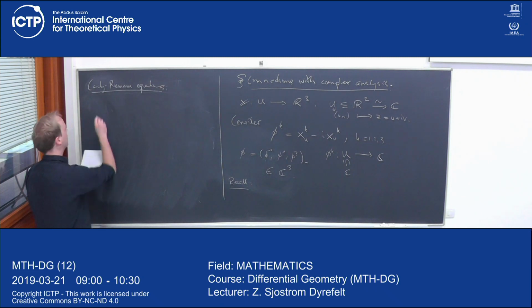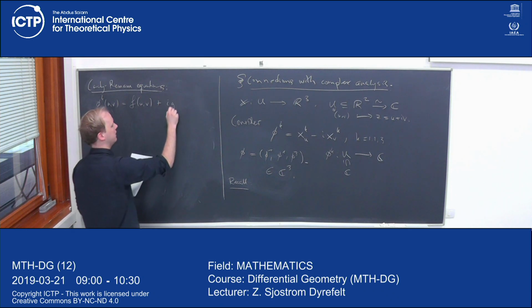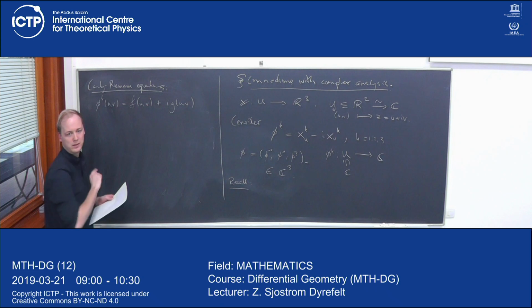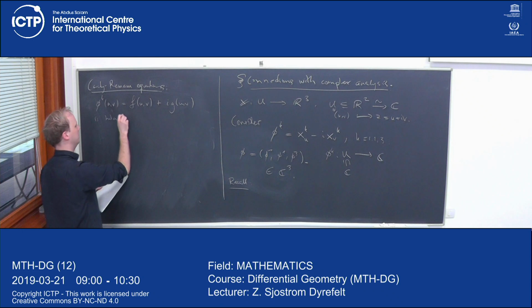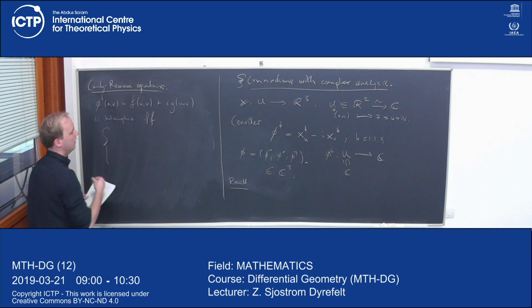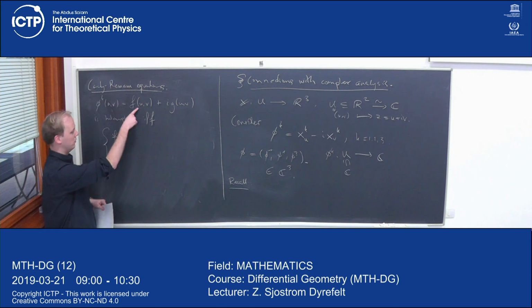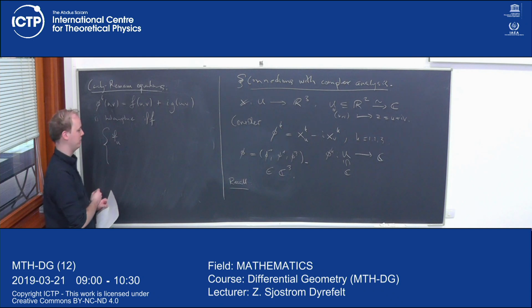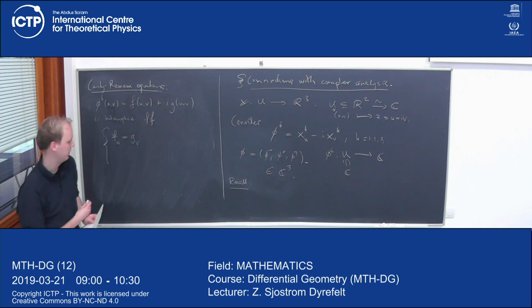We recall that this phi k of uv, if you write it as f of uv plus i times g of uv, in terms of its real and imaginary part, is holomorphic if and only if, you have taken complex analysis last semester, so maybe you will remember this, the derivative of f with respect to u is equal to the derivative of g with respect to v.